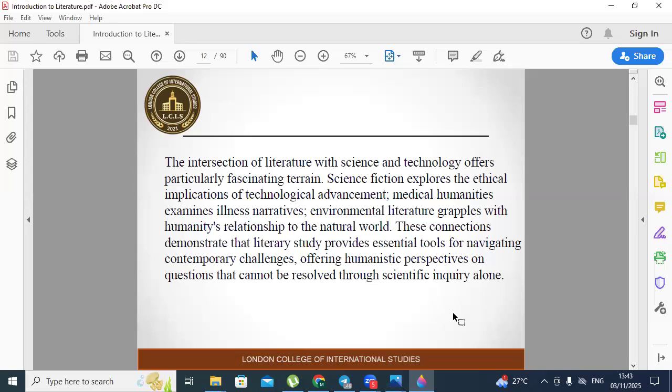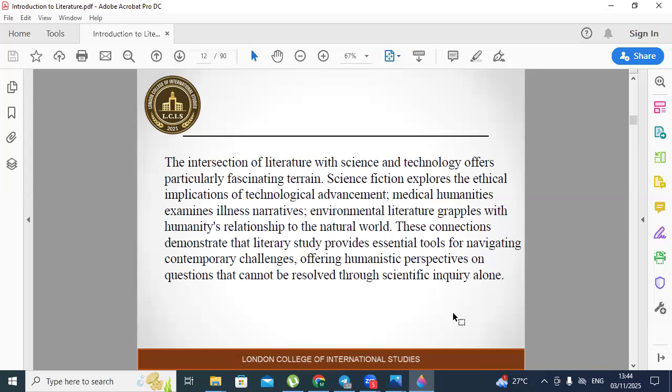Environmental literature grapples with humanity's relationship to the natural world in an age of climate crisis. These texts help us to understand our ecological embeddedness and imagine different relationships with the environment.